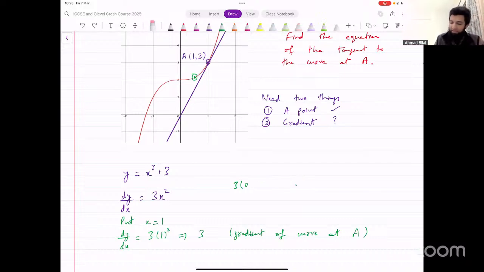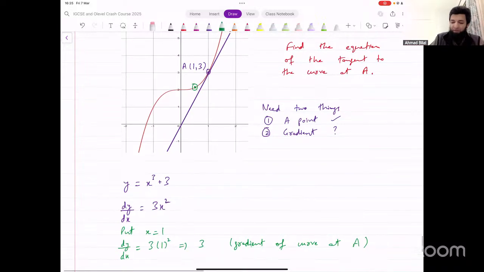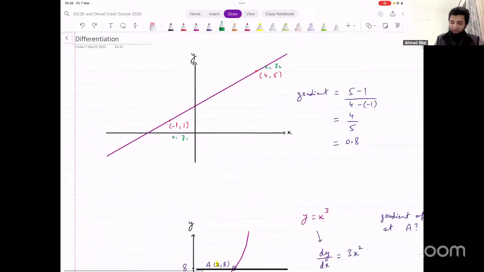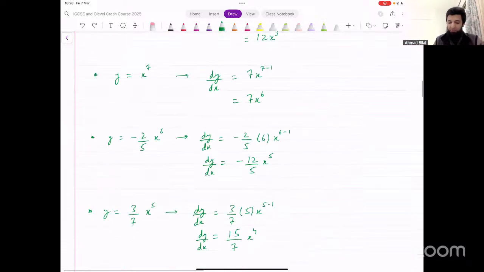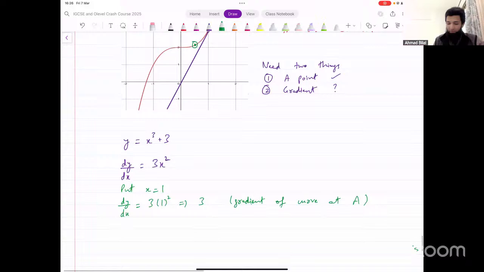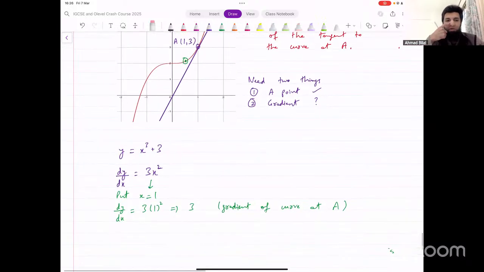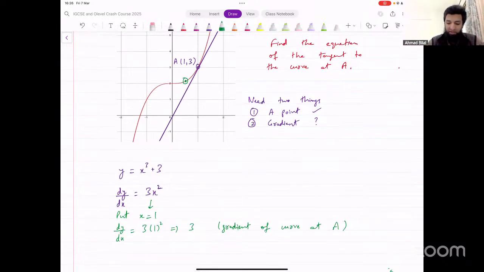So in this case, we wanted the gradient of the curve at the point A. We found the derivative, put that value of x in that, x equals 1, and that gave us 3. That's the gradient of the curve at the point A. Now remember, a tangent is a line that has the same direction as the curve at that point. That's how we draw the tangent, in the same direction as the curve at that point, right?